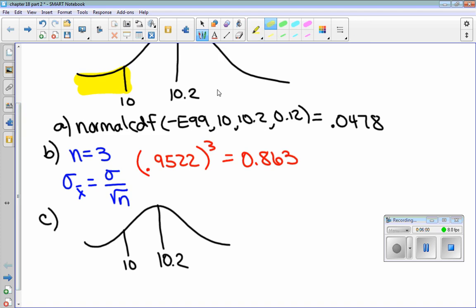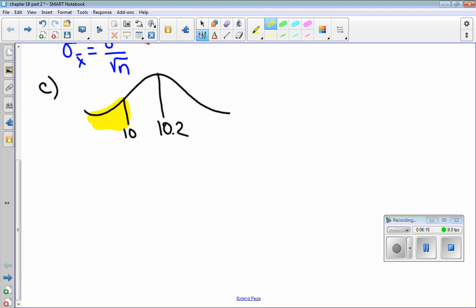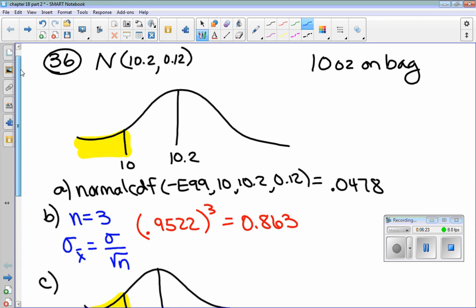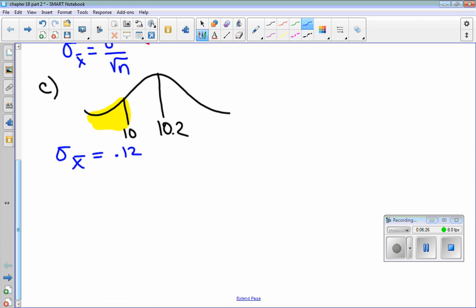We are looking at the same situation as in part A, except what's now different? The standard deviation is different, right? Because I'm talking about the mean weights. So in this question, I need to find the new standard deviation. So what was it to begin with? 0.12. So 0.12 divided by the square root of 3, the new standard deviation was 0.069, a lot smaller.